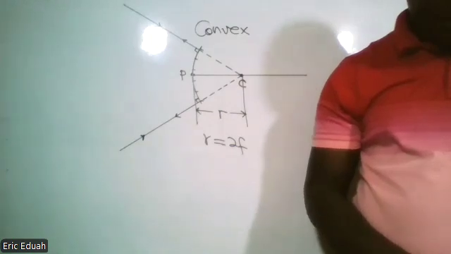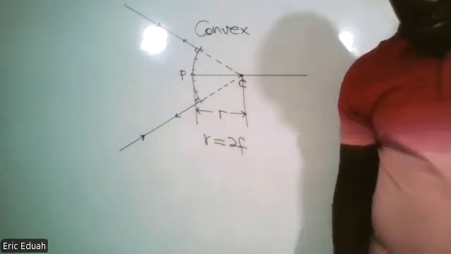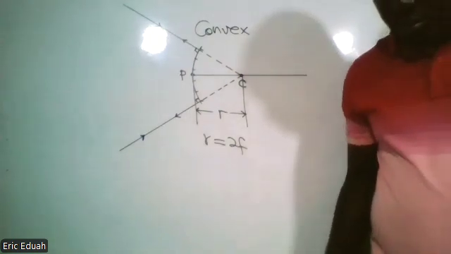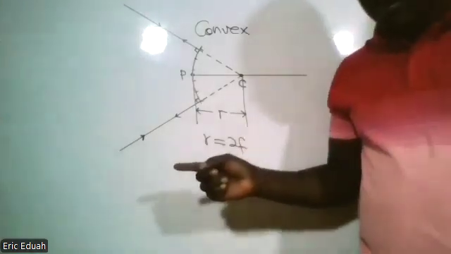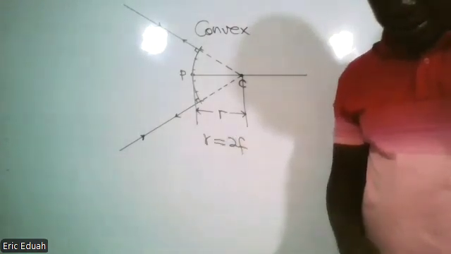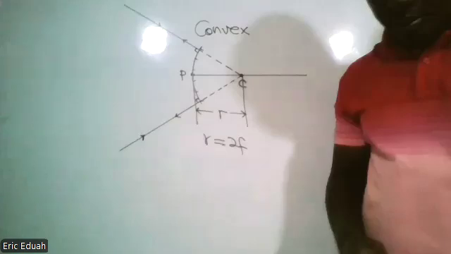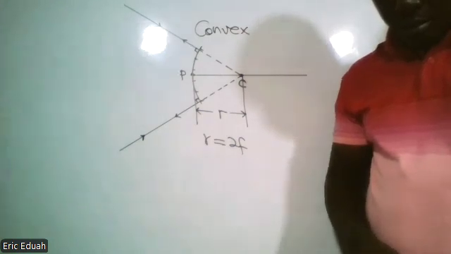The center of curvature is a point on the principal axis where the rays are incident on the mirror perpendicularly. And so when the rays are incident on the mirror perpendicularly, what happens? Nana, what happens? The reflection moves in the direction of where it was incident.